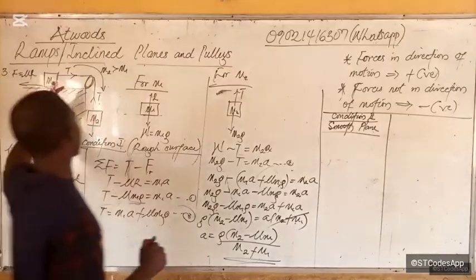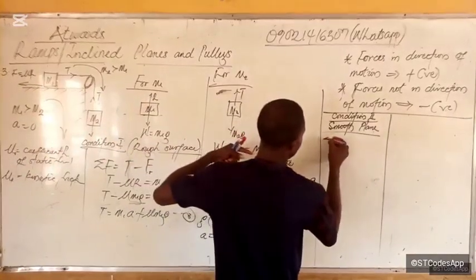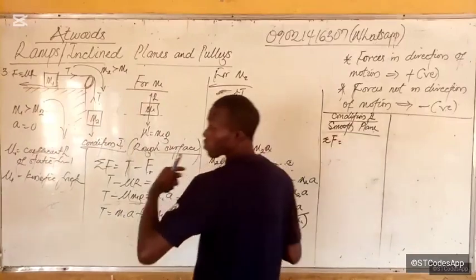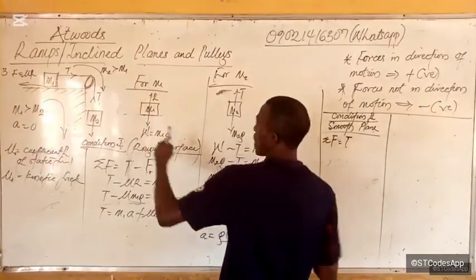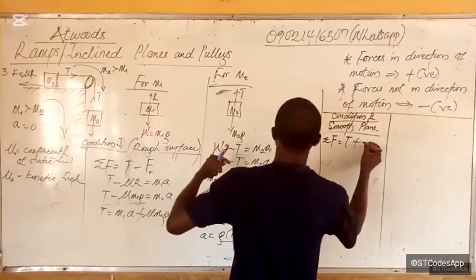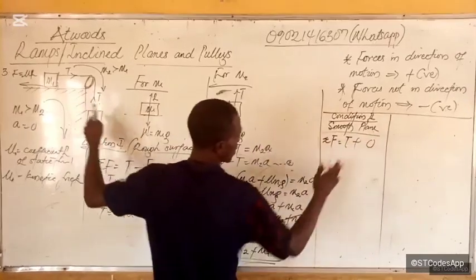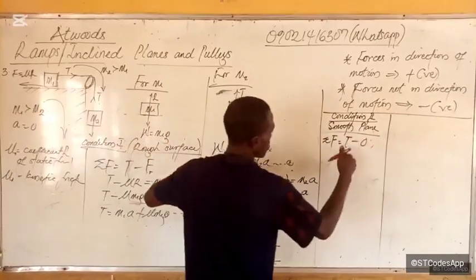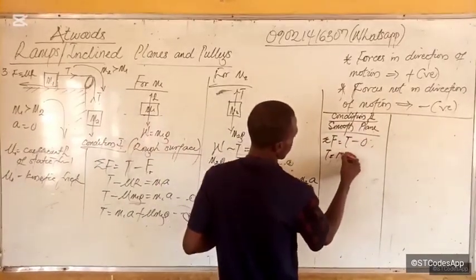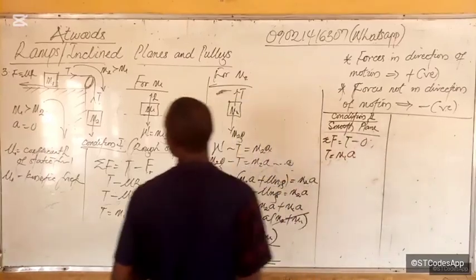So if there's no frictional force, tension is already acting in the direction of motion. So the summation of forces is going to be equal to tension, which is in the direction of motion, so it will be positive, plus no force in the opposite direction, or minus no force in the opposite direction. Therefore, we have T will be equal to M1A.